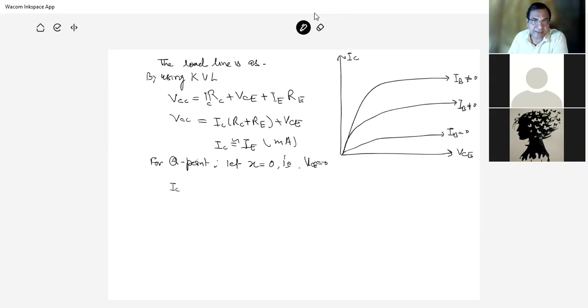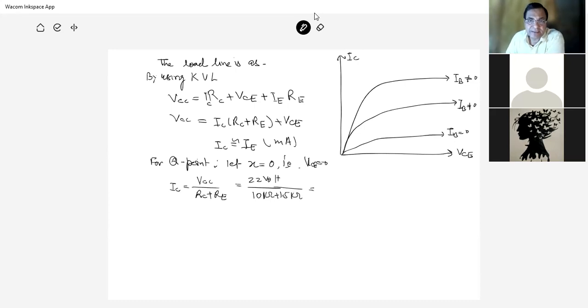So IC is equal to VCC upon RC plus RE. This is 22 volt, and here it is 10 kilo plus 1.5 kilo.